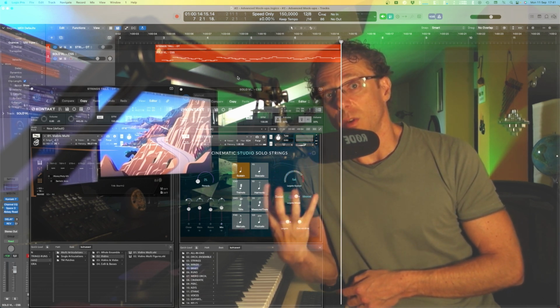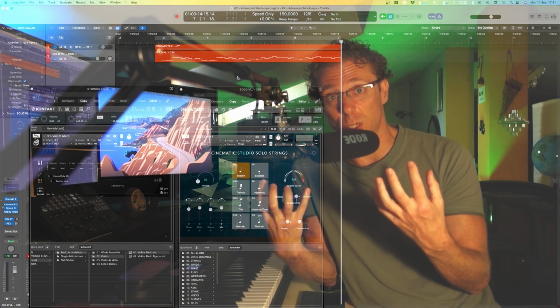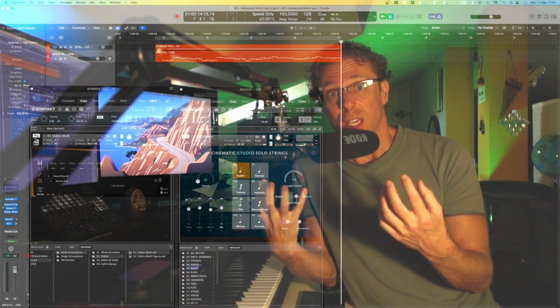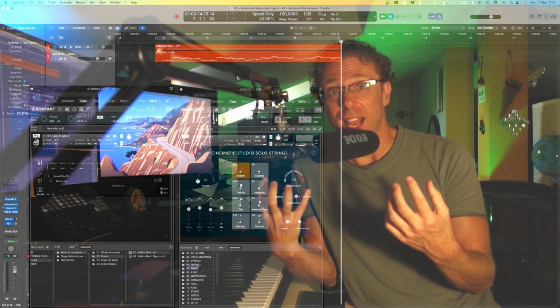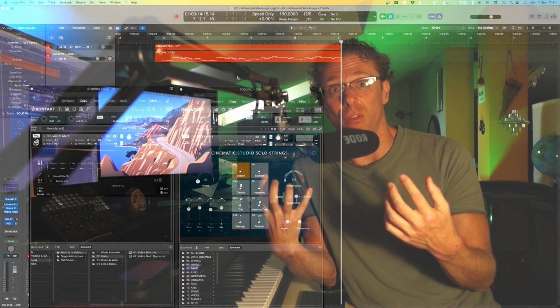If you have two violins here and two violins here, you would never get the sound of four violins. This is why 2 plus 2 is never 4.